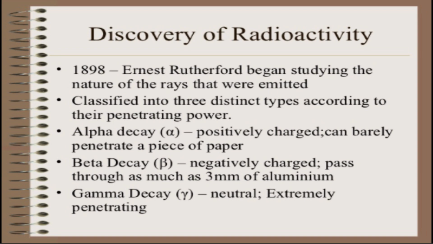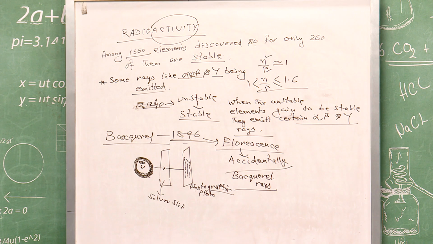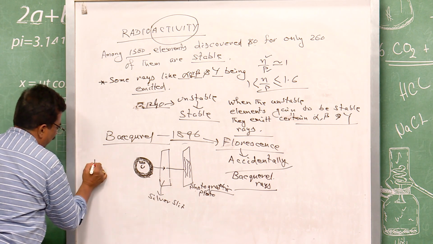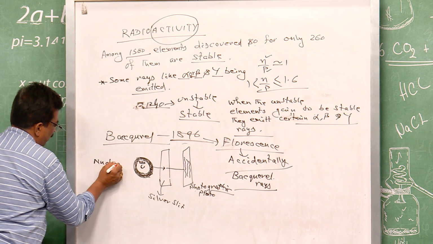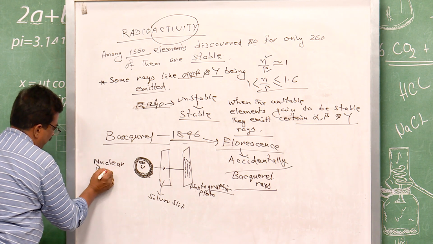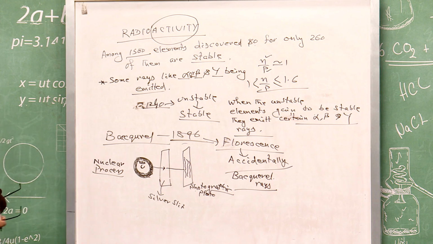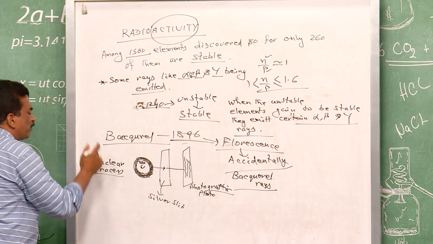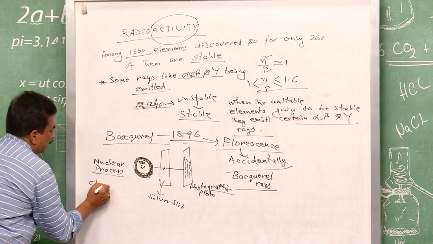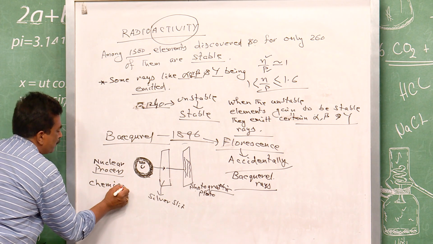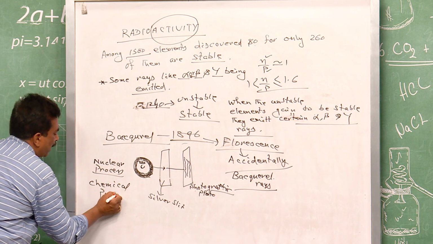Therefore, radioactivity was found to be unaffected by chemical and physical testing. This is a nuclear process, because it happens only inside the nucleus. But there is another process which you know, that is the chemical process.